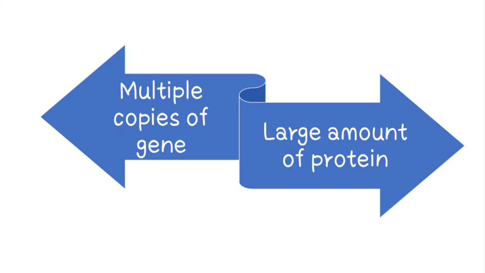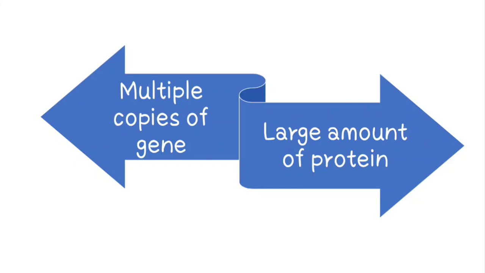Talking about microbes, bacteria, yeast, we know they have a very short generation time, like they can double within minutes. In 24 hours we get a large amount of that bacteria. So we can use it and insert this gene into them so that we can get a high amount of that gene or protein within 24 hours.